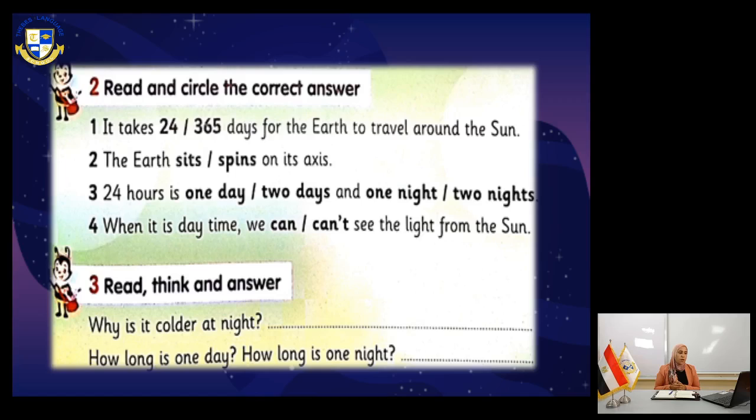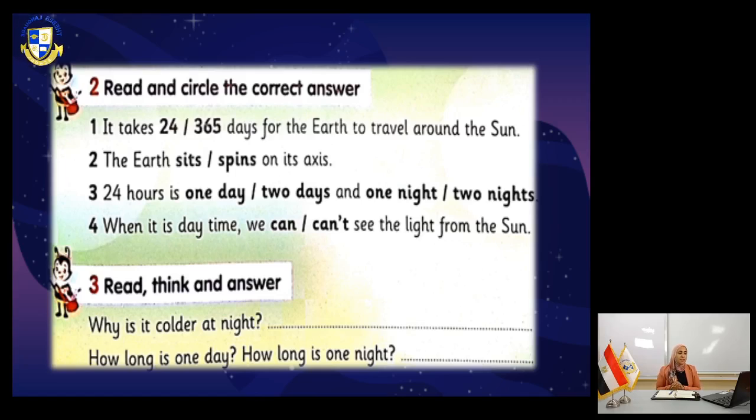Number 4, when it is daytime, we can see the light from the sun or we can't see the light from the sun. Daytime means morning, so we can see the light from the sun. Now, according to what you understood from the passage, you're going to read, think and answer.